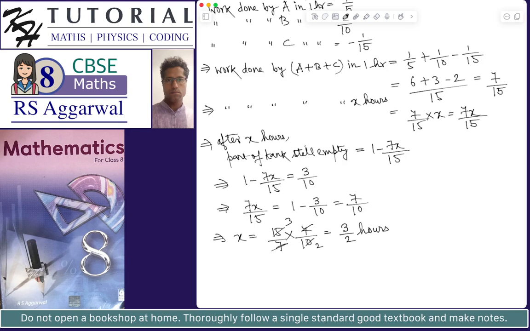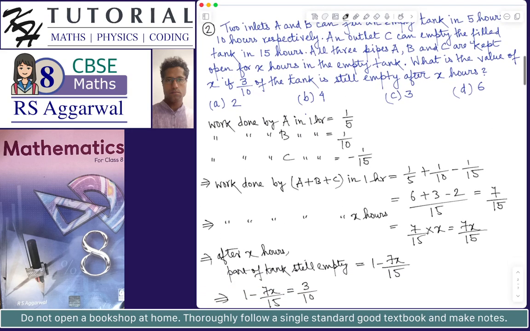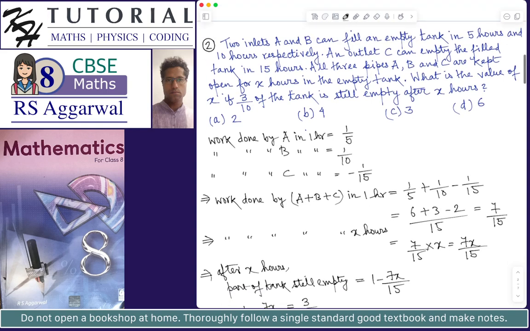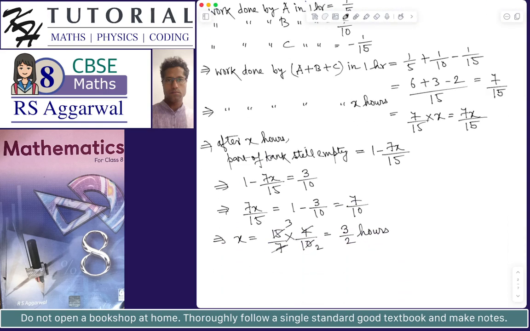So x is equal to 15 by 7 multiplied by 7 by 10. 3 by 2 hours is my answer, and it is not given in the choices. Most of these questions are framed by me, so I think I gave the wrong choices. My answer is coming out to be 3 by 2 hours, which is basically 1.5 hours. So this should be the answer.